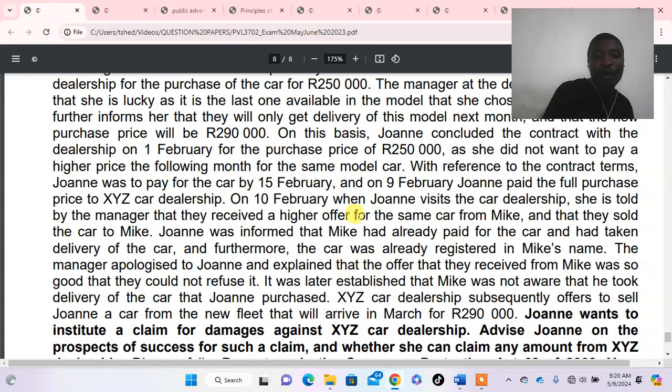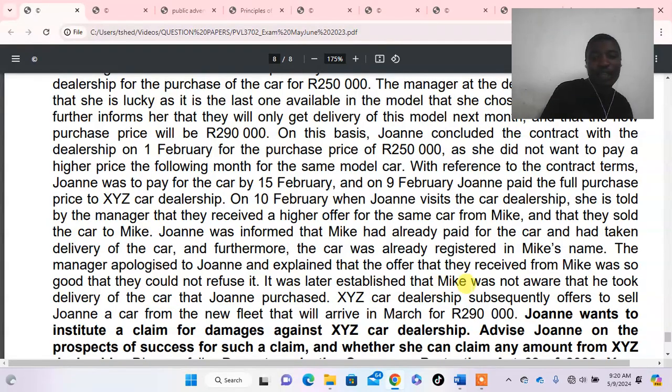On 10 February, when Jones visits the car dealership, she is told by the manager that they received a higher offer for the same car from Mike, and they sold the car to Mike. Jones was informed that Mike had already paid for the car, and it has been registered in Mike's name. The manager apologized to Jones and explained that the offer that they received from Mike was so good that they could not refuse it.